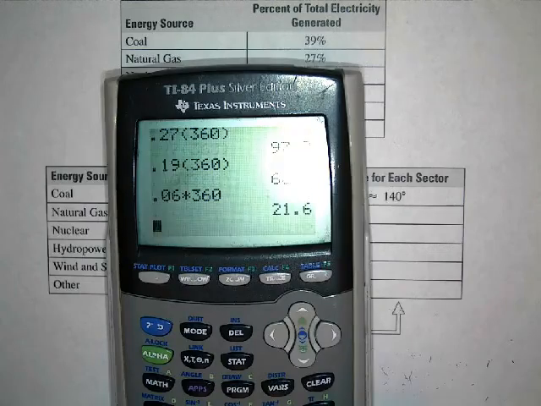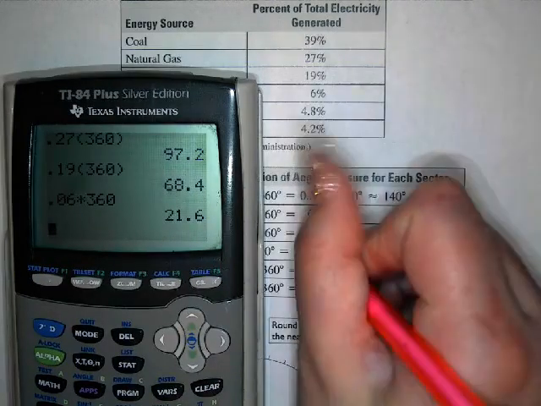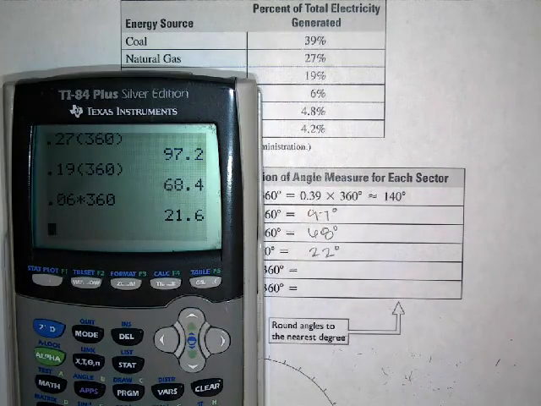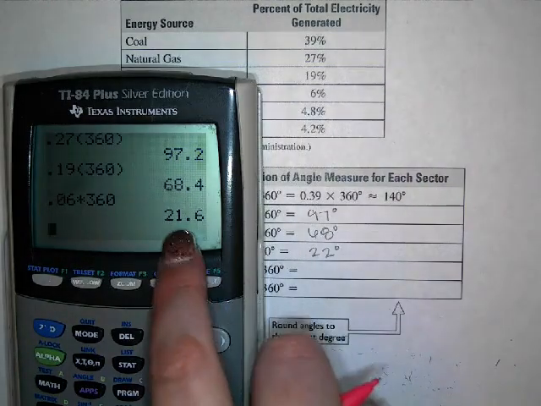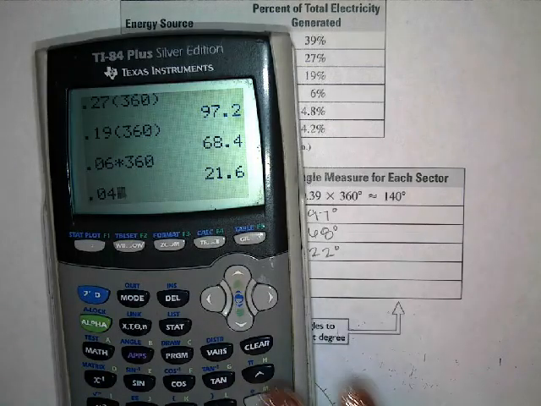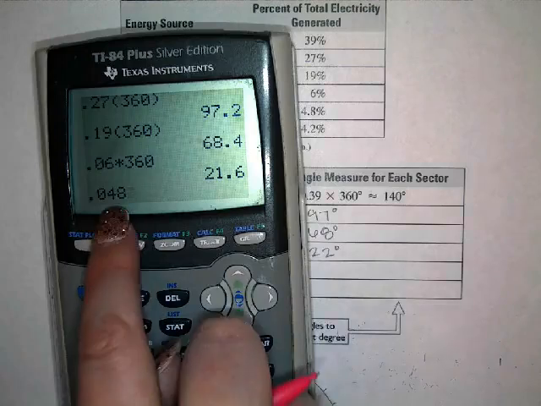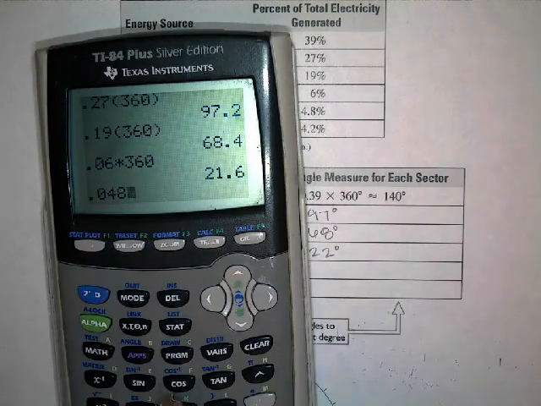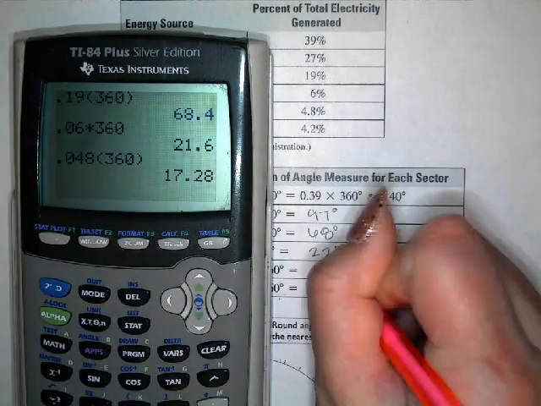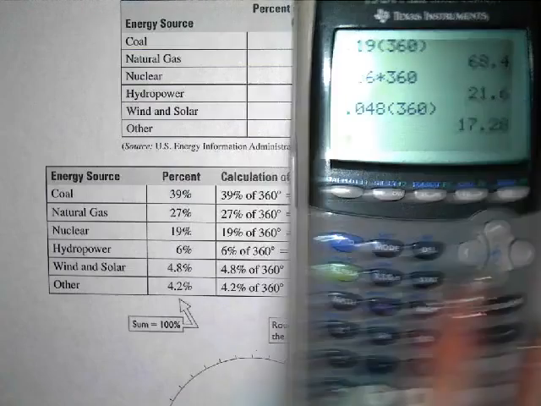I'm going to draw 22 degrees for that one. 4.8%, I'm going to write as a decimal, 0.048. Let's see how many degrees I should draw. 17 degrees. And then last, 4.2%, 0.042 of 360. 15 degrees is what I'll draw.